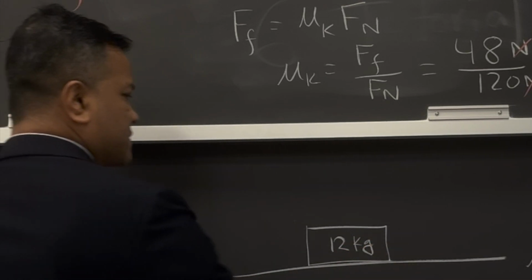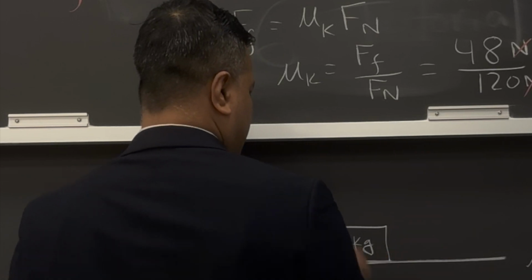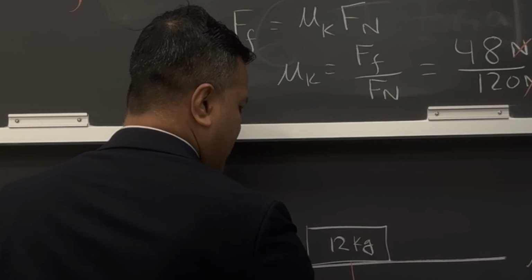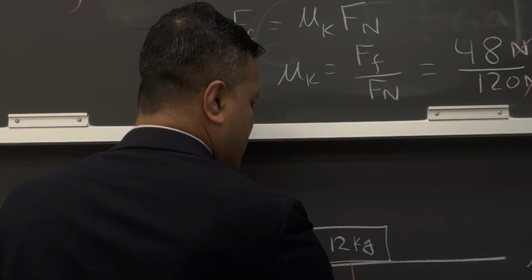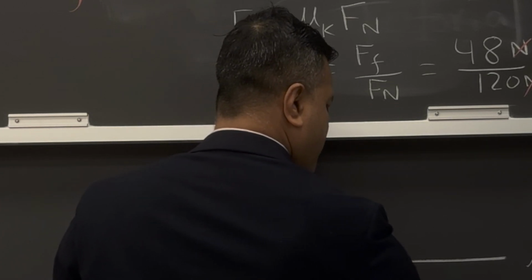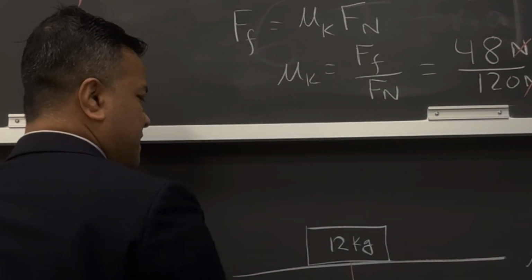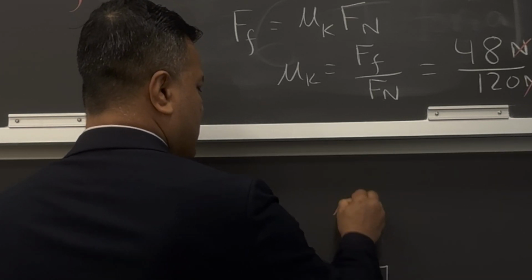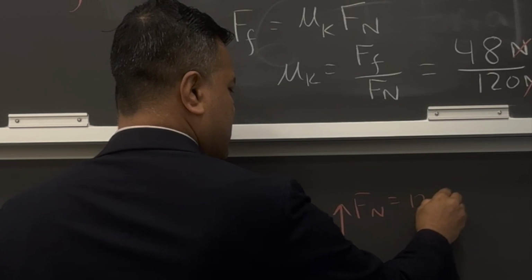So since the box is not moving up and down, Fg is 120 Newton because Fg is mg, and we use negative 10. And the normal force is also 120 Newton.